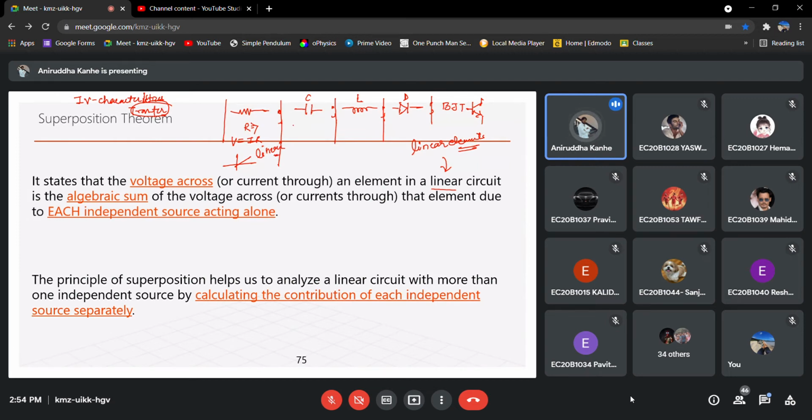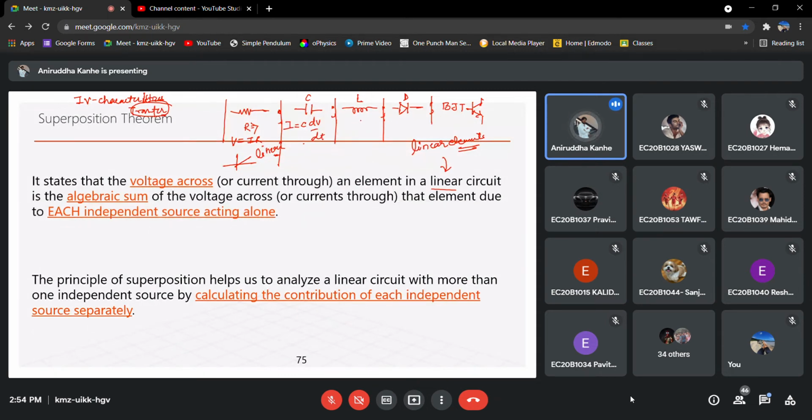What is the current voltage relation for the capacitor? I = C dV/dt.